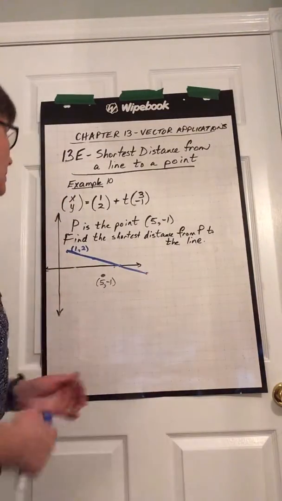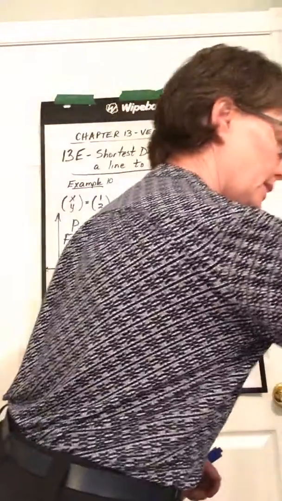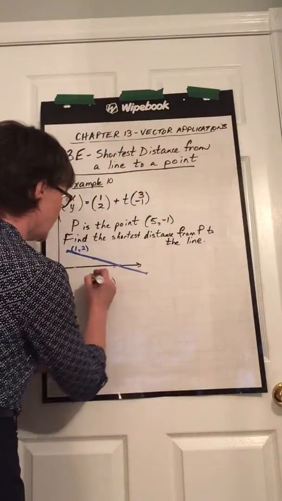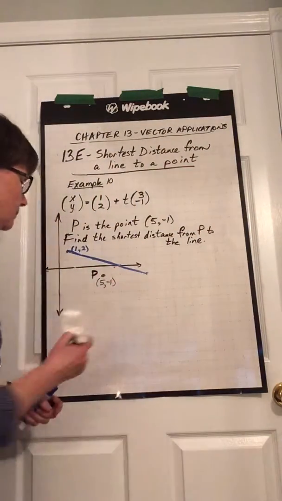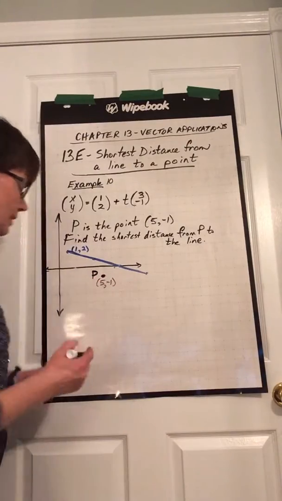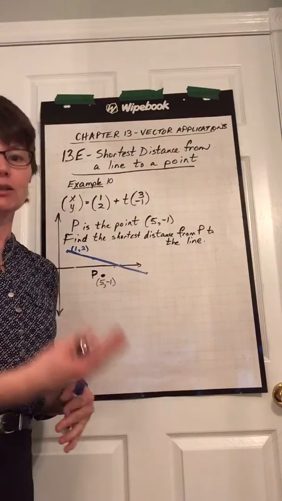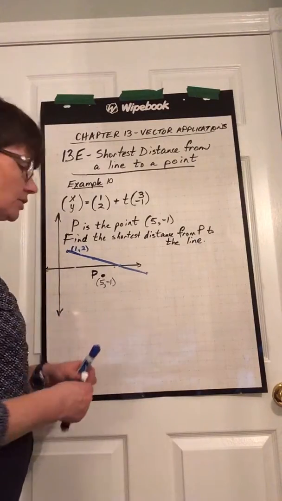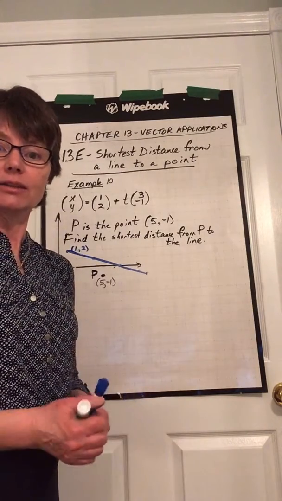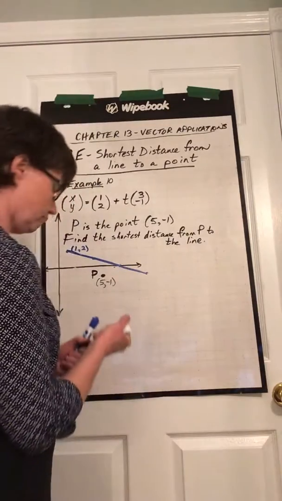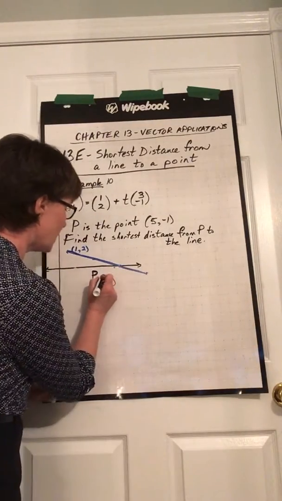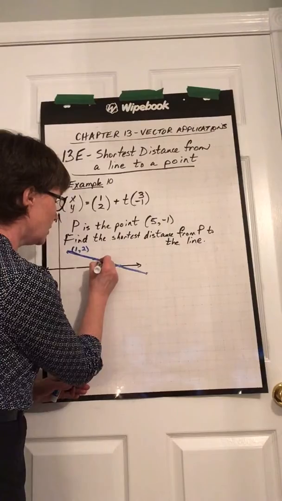We have this point P over here, P(5, -1). The question says, what is the shortest distance from P to the line? The shortest distance from that point to the line is going to be the one that goes straight up, perpendicular to that line.